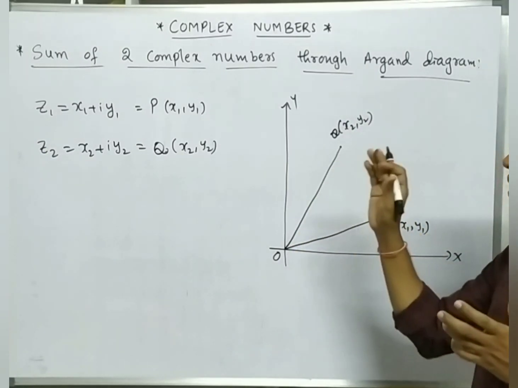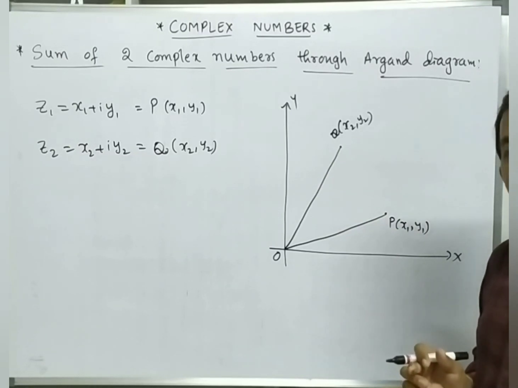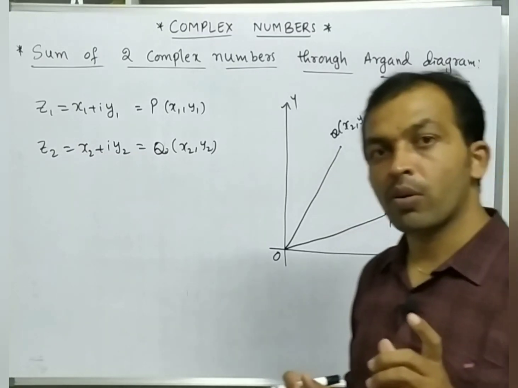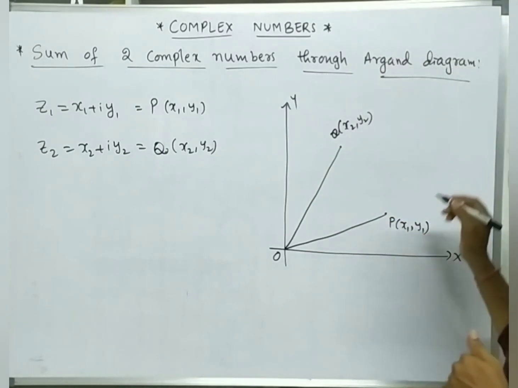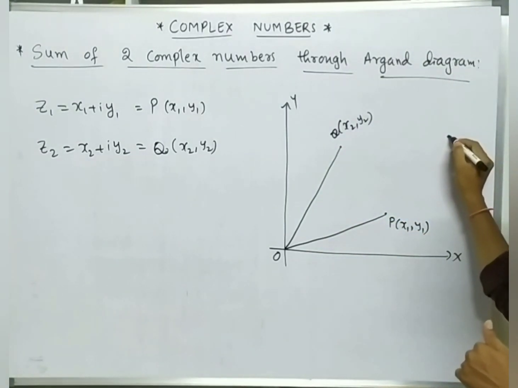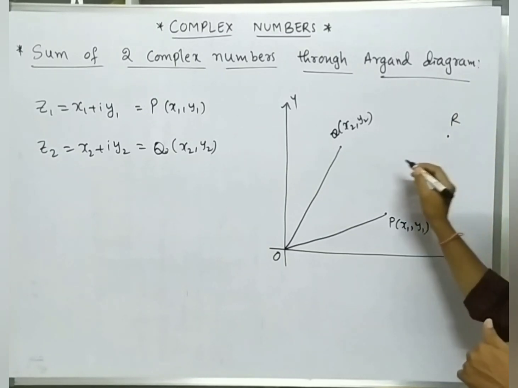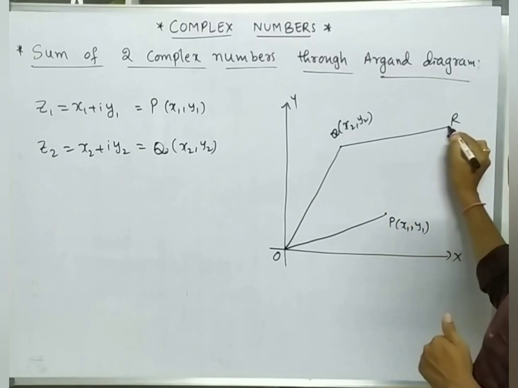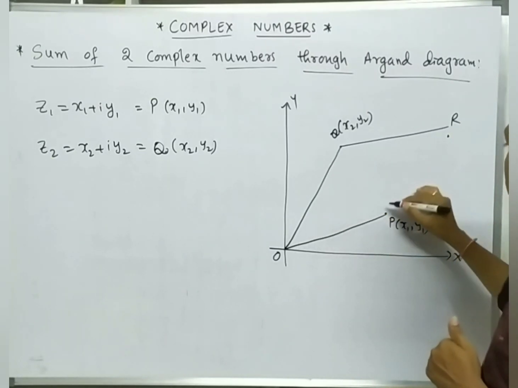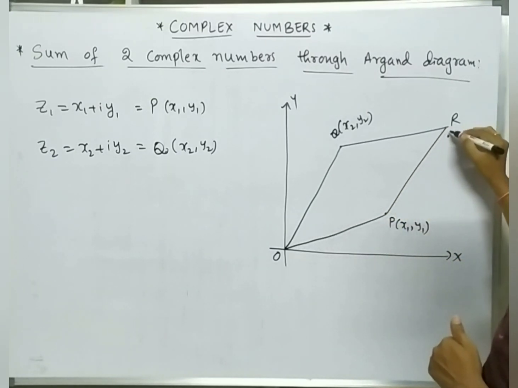So we can find the sum of two complex numbers by using the concept of the parallelogram law, which we have learned in the vectors chapter. So this is R. Here I am taking a point R such that I draw a parallel line here, and also a parallel line here.